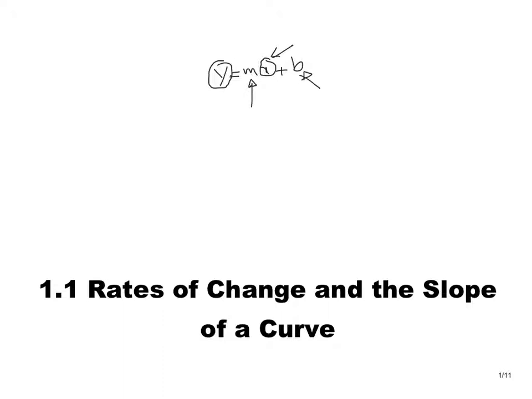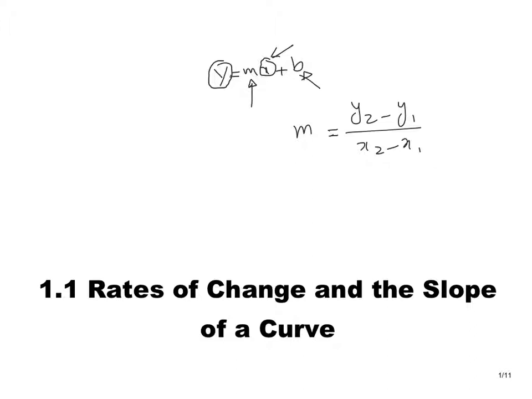We learned in grade 9 the slope was defined as y2 minus y1 over x2 minus x1. This was defined as the slope of a linear function.